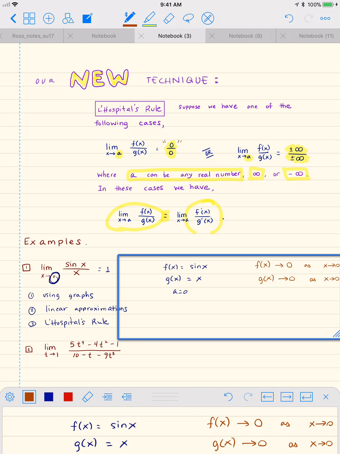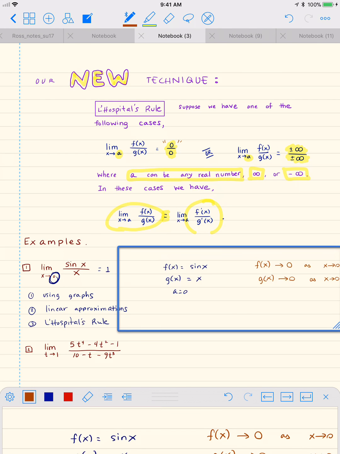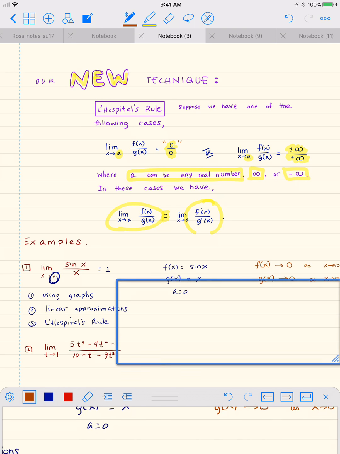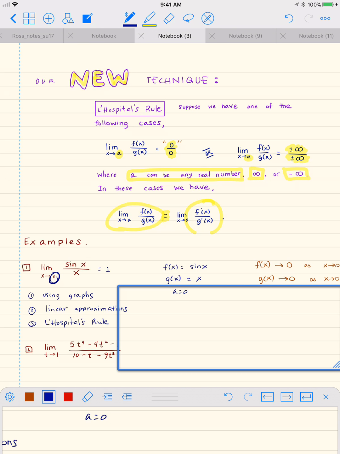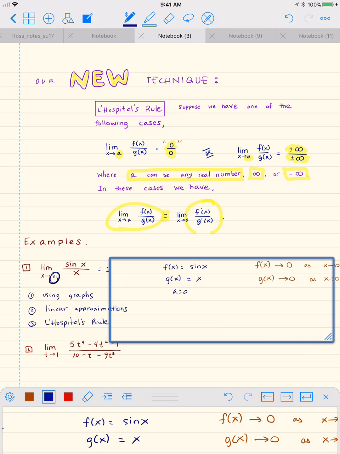Okay, so what we need to do is look at f prime of x and g prime of x. So f of x is sine x, so f prime of x is going to be cosine of x. G of x equals x, g prime of x equals 1.